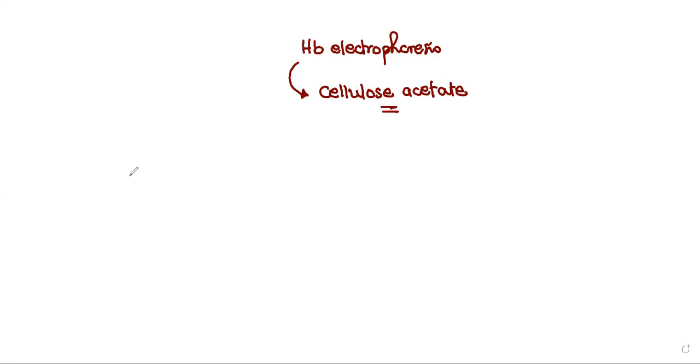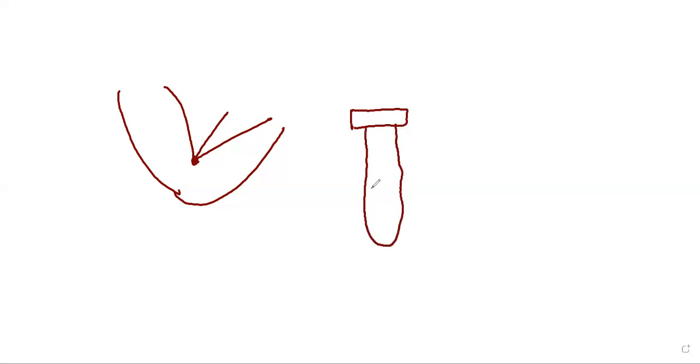Now, what do they do? We take blood, isn't it? And we put it in a bottle. Which bottle do you think we'll put this sample in? The EDTA bottle, the purple one, for hematology.